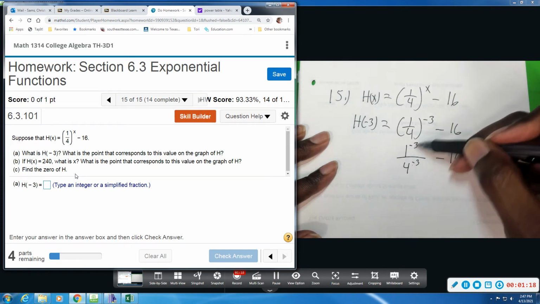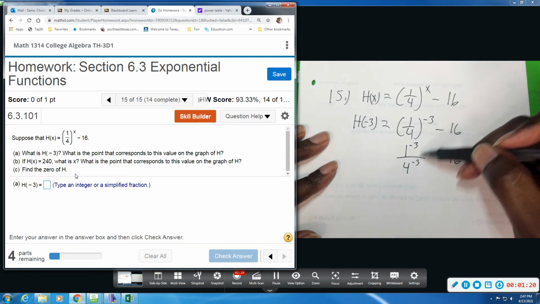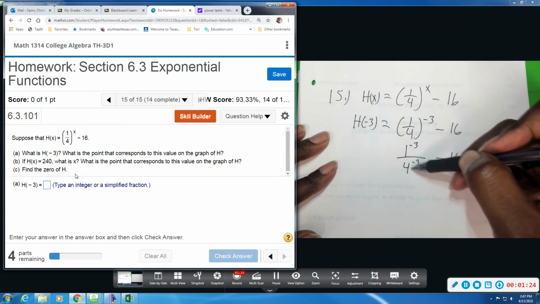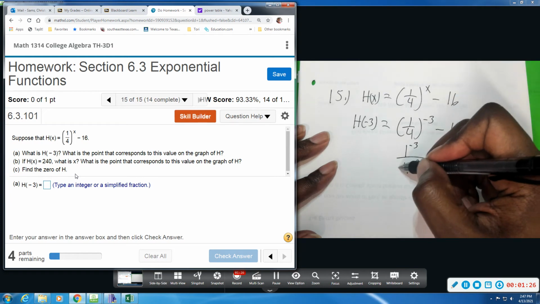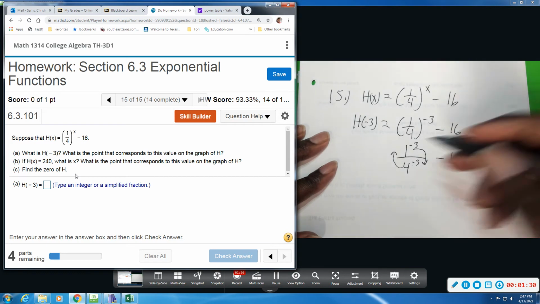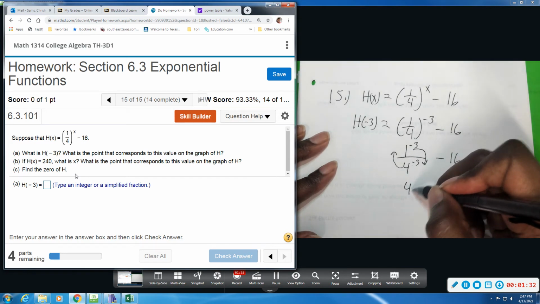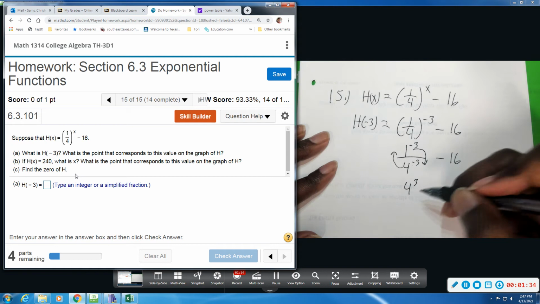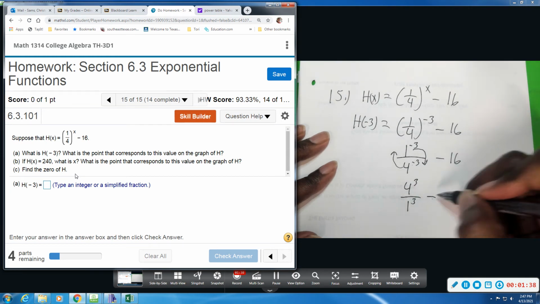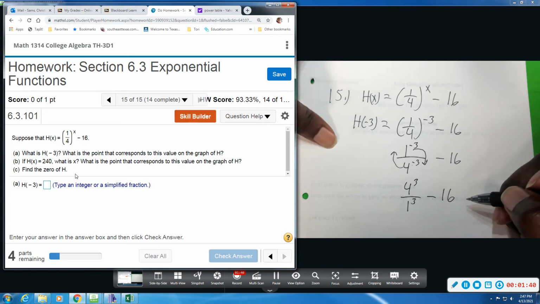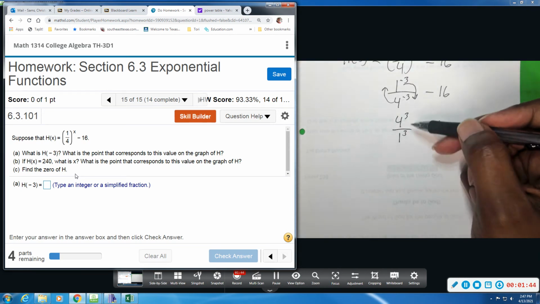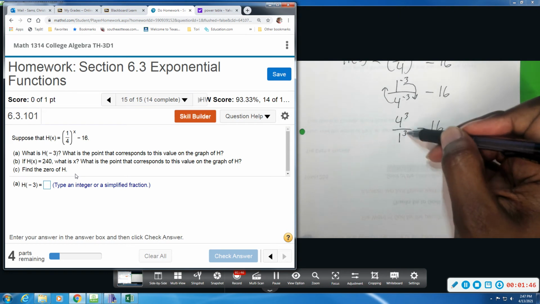We don't like to deal with negative exponents, so the way we make them happy is move them to the opposite position. So this 4 to the -3rd will move up, this will move down, and that will make them both happy. So this will become 4 to the 3rd, and it becomes positive, and this will be 1 to the 3rd, minus 16. Once we evaluate this, 4 times 4 is 16, times 4 is 64, and 1 repeated is 1.